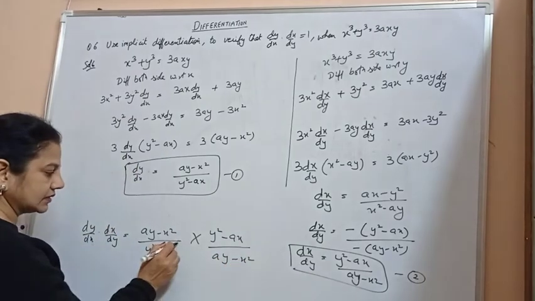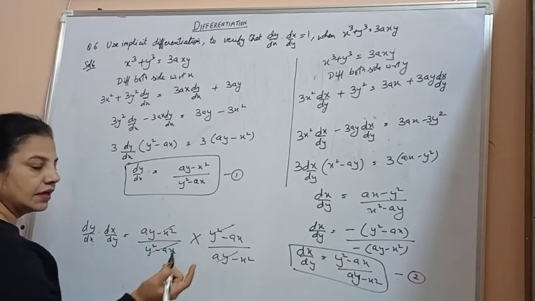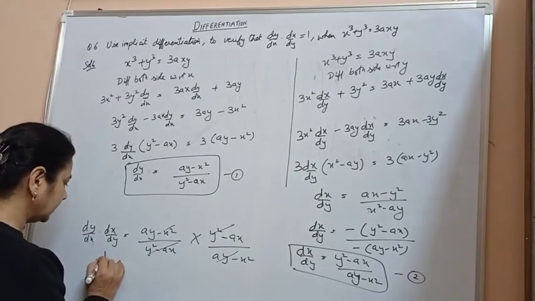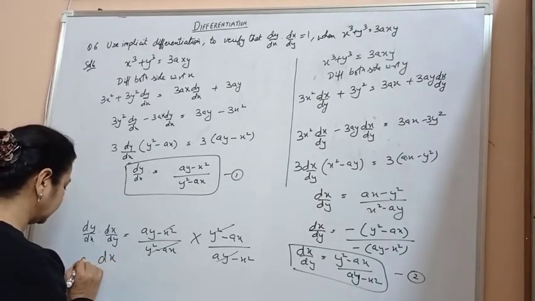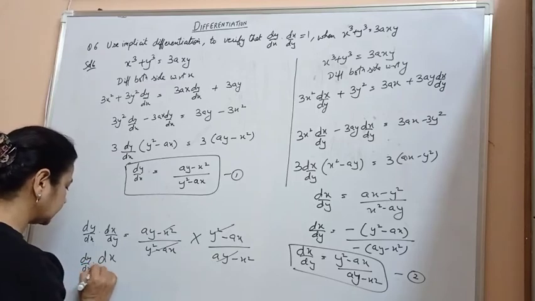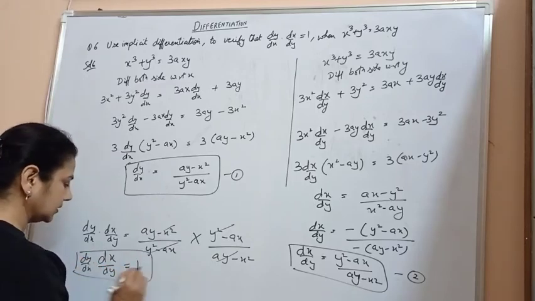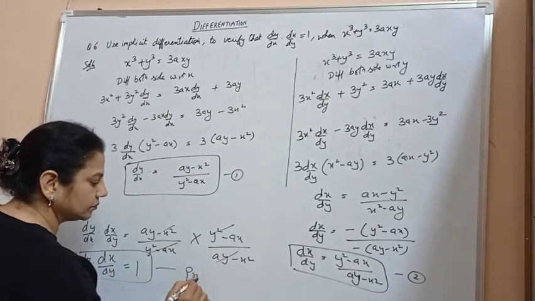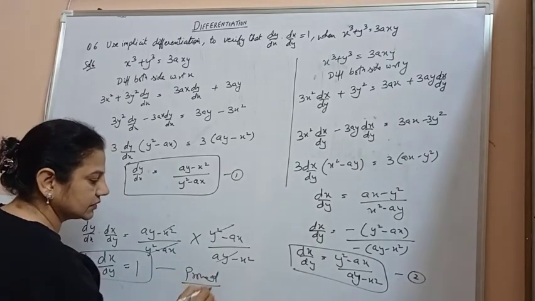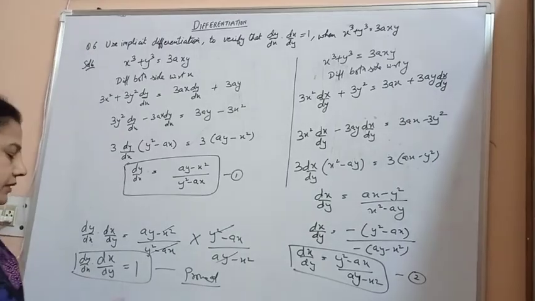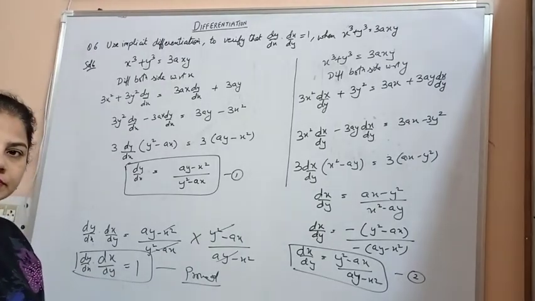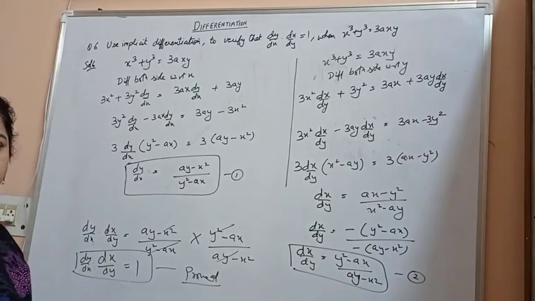See, this will cancel out and this again cancels out. I am left with one only. So I have dy/dx into dx/dy is equal to 1. This is what I have to prove. Hence proved.